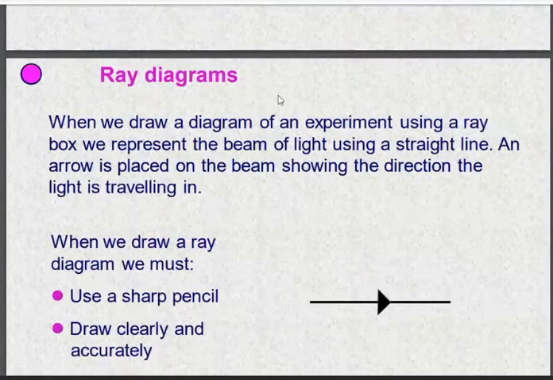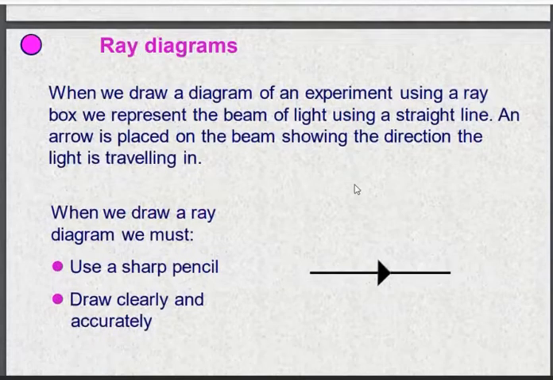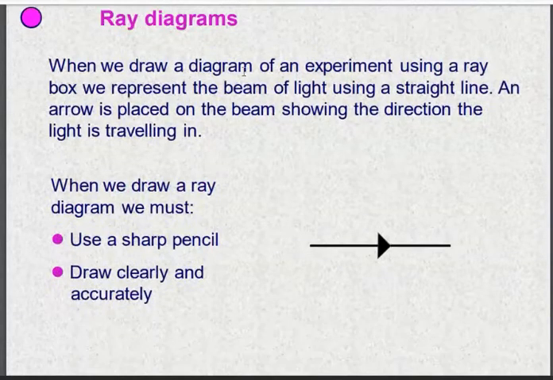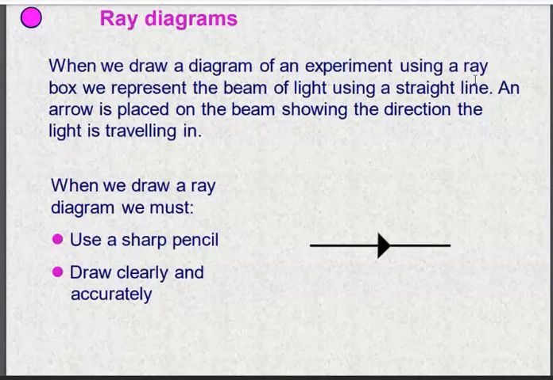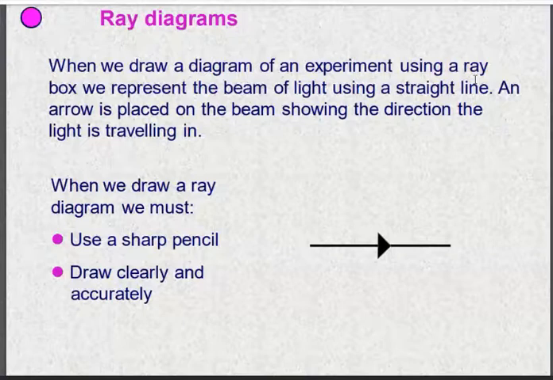Now, ray diagram. What is a ray diagram? Let us check out. When we draw a diagram of an experiment using a ray box, we represent the beam of light using a straight line with an arrow placed on the beam showing the direction of light traveling.